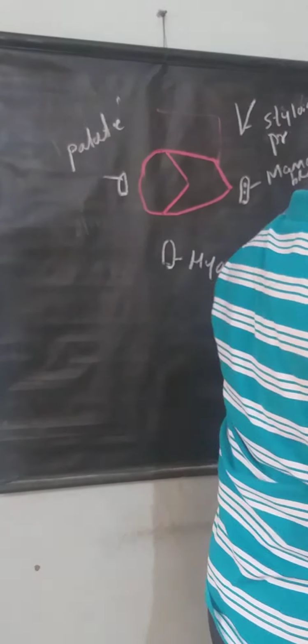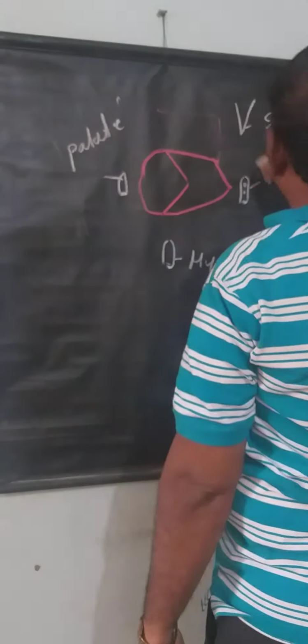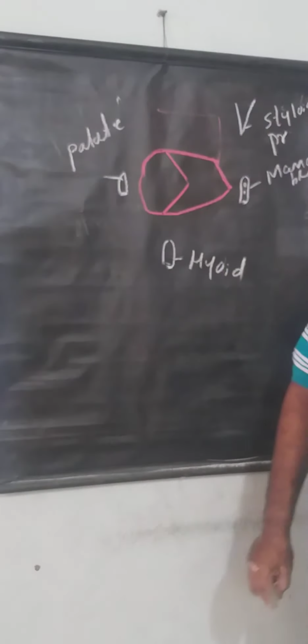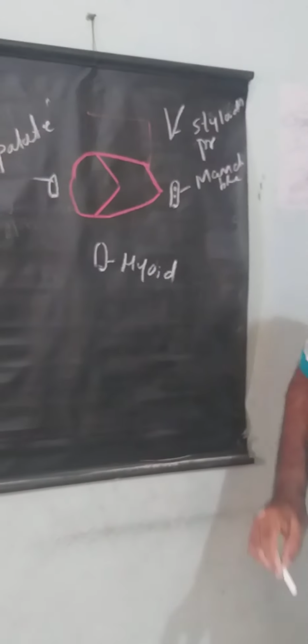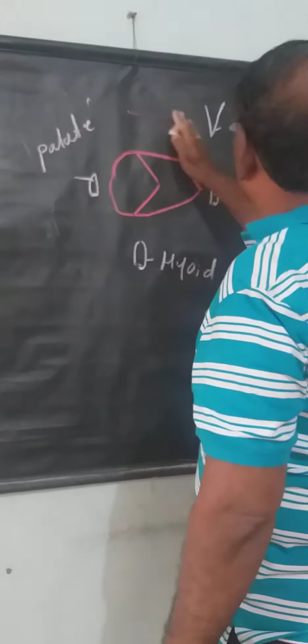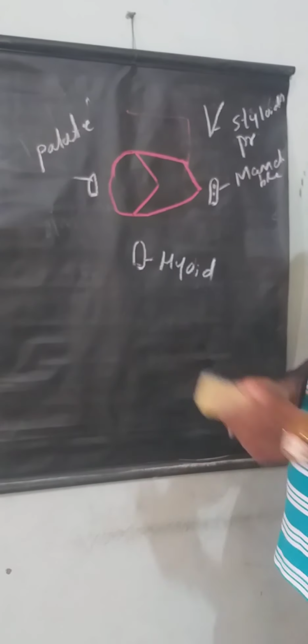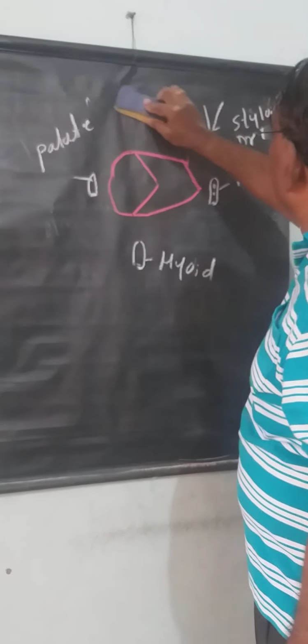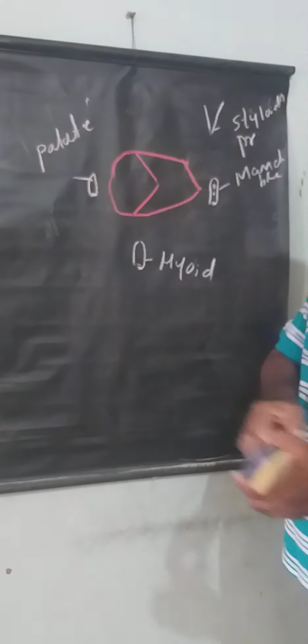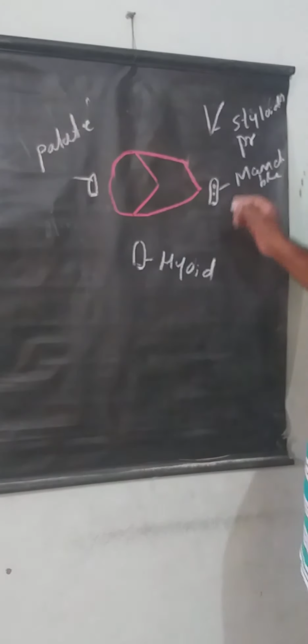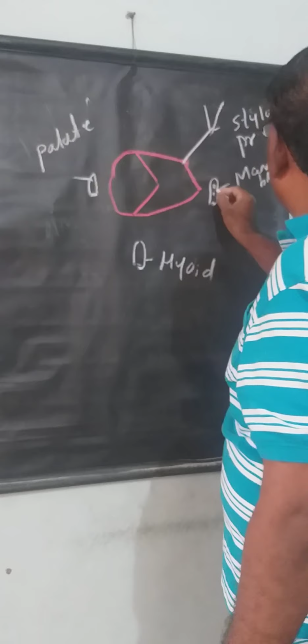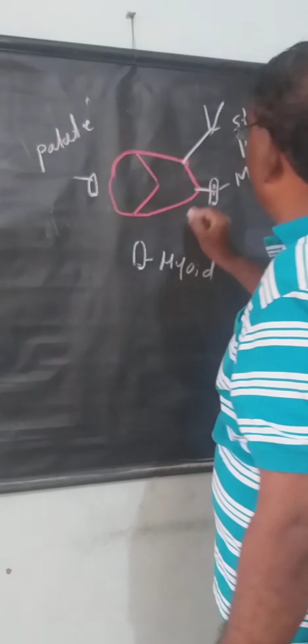The muscle from the styloid process to the tongue. Muscle from the genial tubercle of the mandible to the tongue.